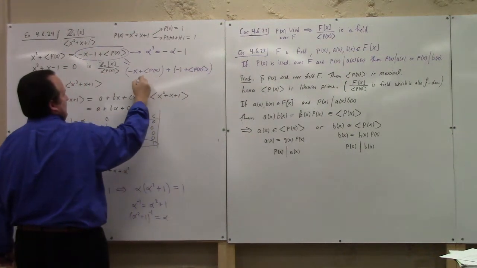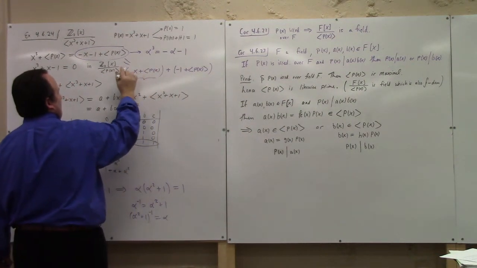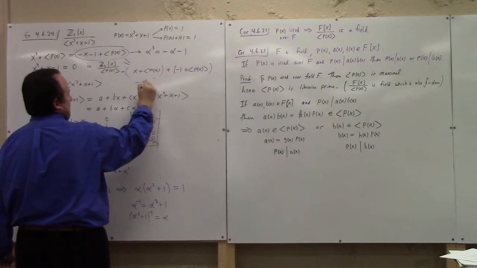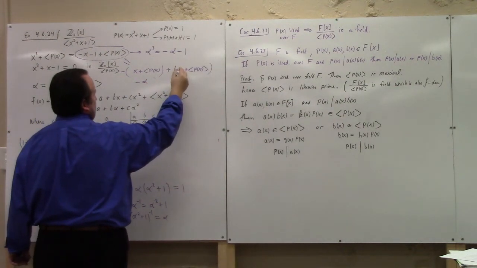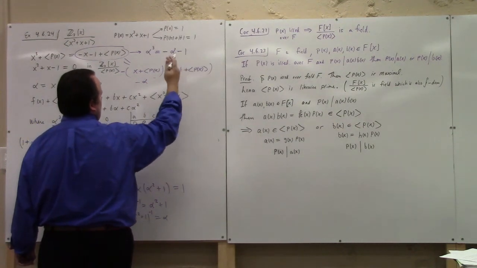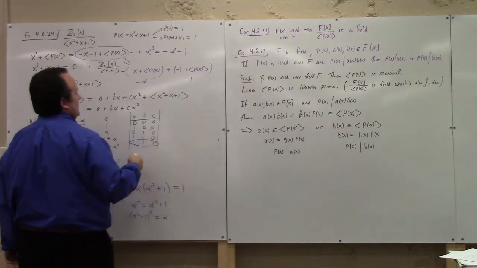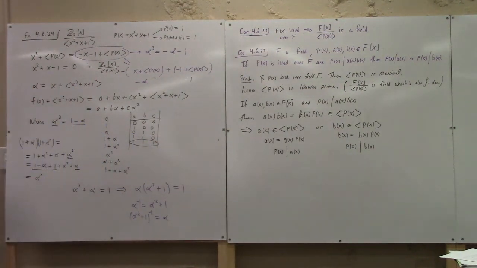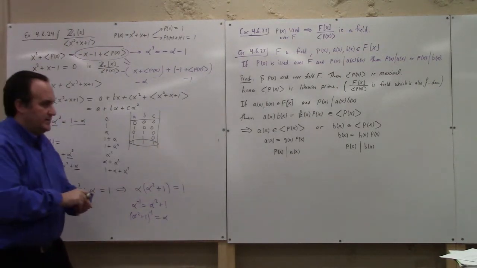And so you can pull the minus out, and then that's minus alpha, and likewise pull the minus out, and you get minus 1. But you're right. I should have had that. Let me go ahead and fix it. I'll do the fixing in red.